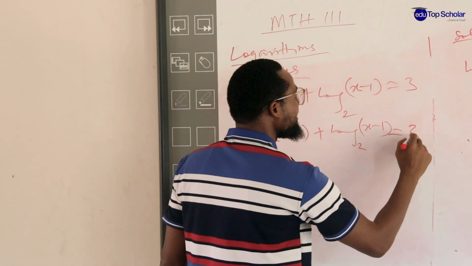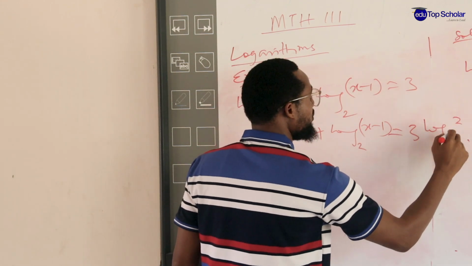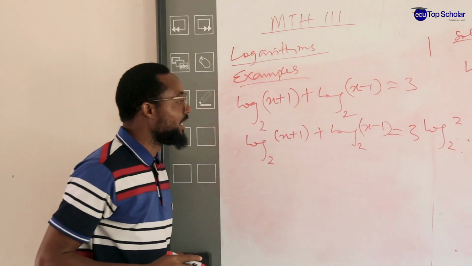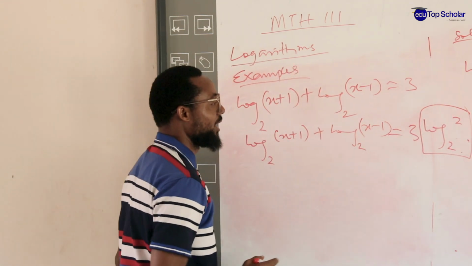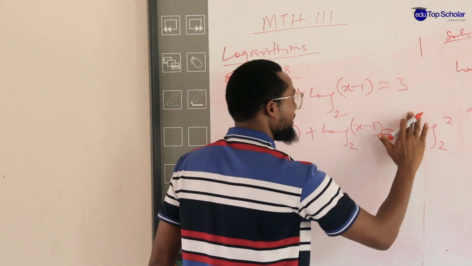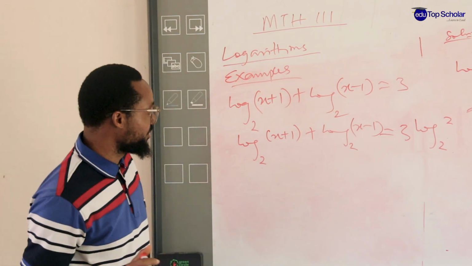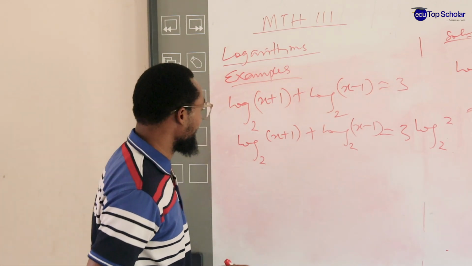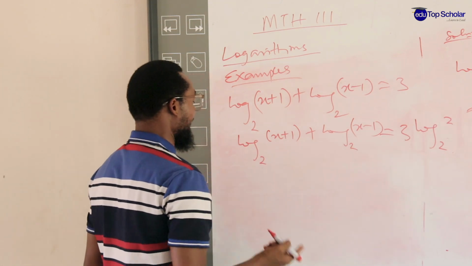If I multiply this 3 by log 2 base 2, I don't think I've done any harm because this is just 1. This guy here is equal to 1. It has not changed anything. That's a beautiful 1. In mathematics, we have beautiful 1s, we have beautiful zeros. Now, I can perform the operation because all of them now look alike.